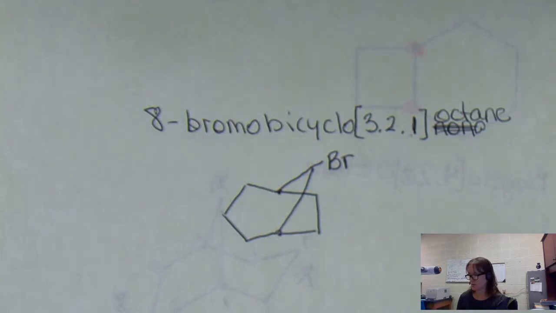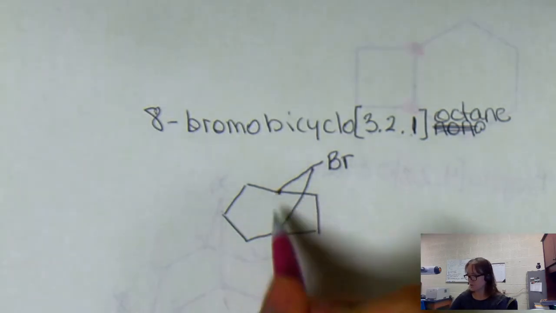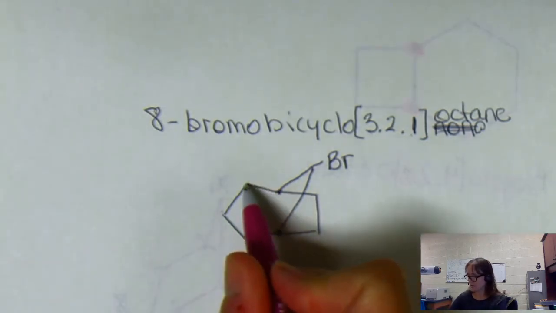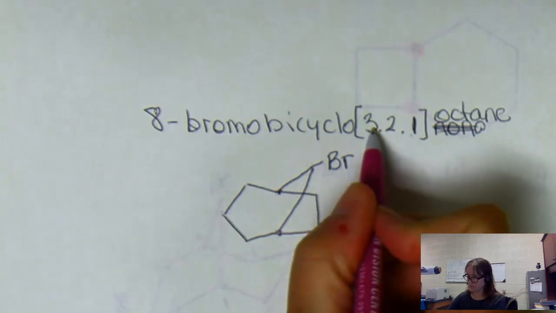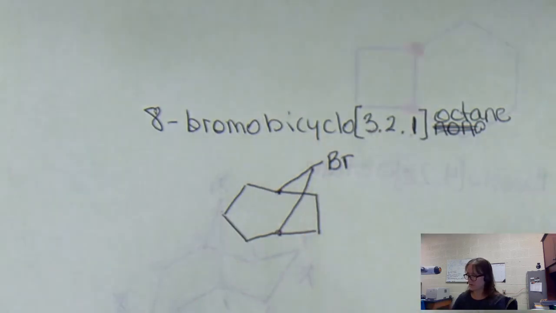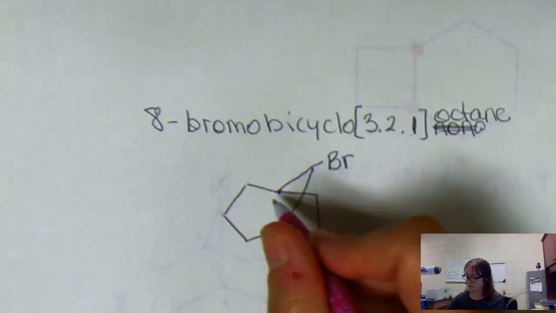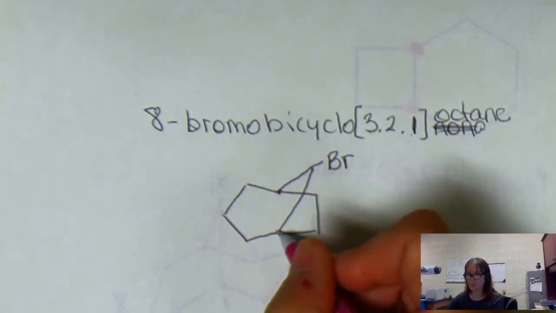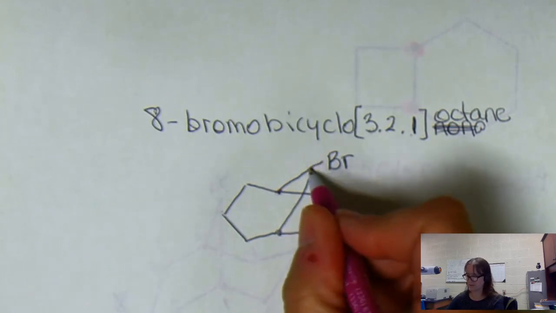So that's how you would go about drawing it. Bridge first, and then draw this many carbons between the bridge, this many the other way, this many the other way. So if that was a 0, you would just connect the bridge carbons without putting a carbon in between it.